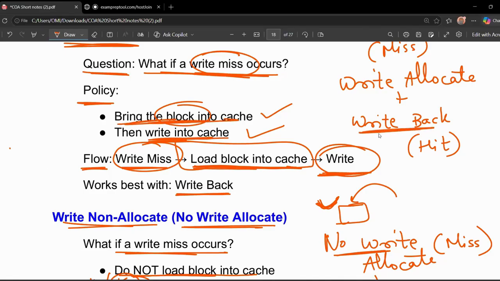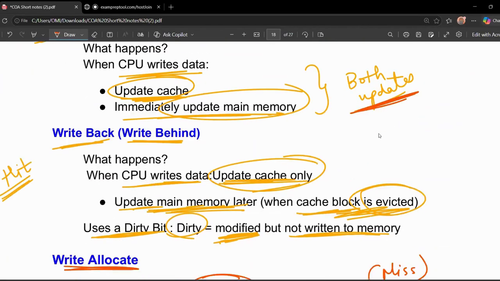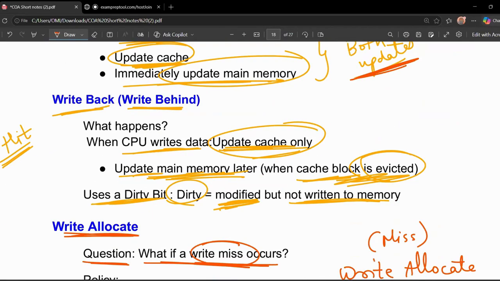What write back says is also similar: you update only the cache, and you don't update the main memory until later.